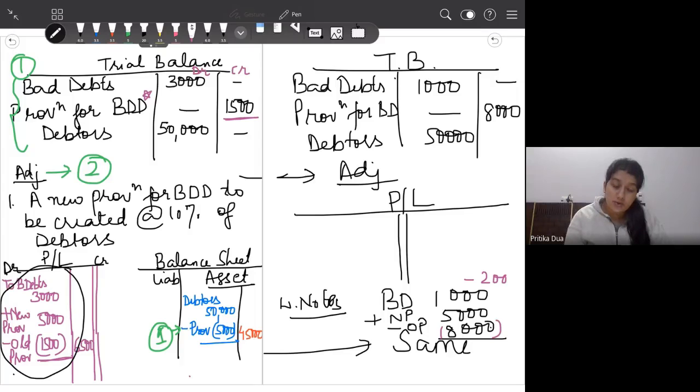So now this adjustment will not be shown on the debit side.